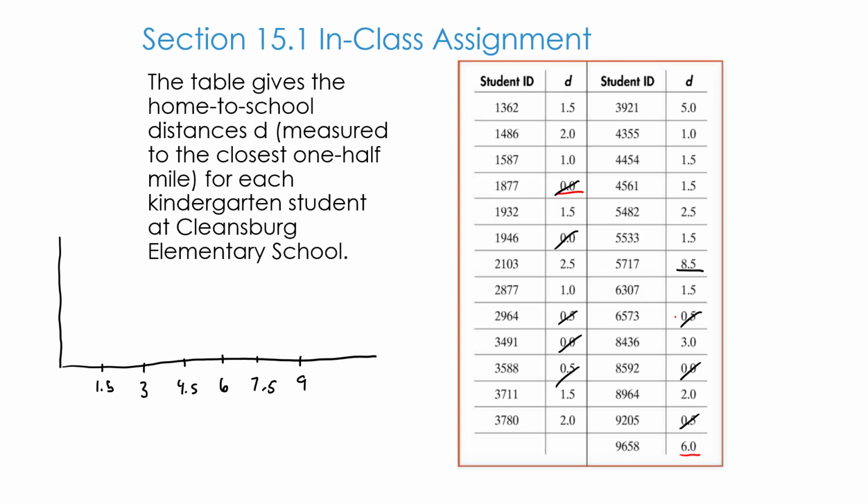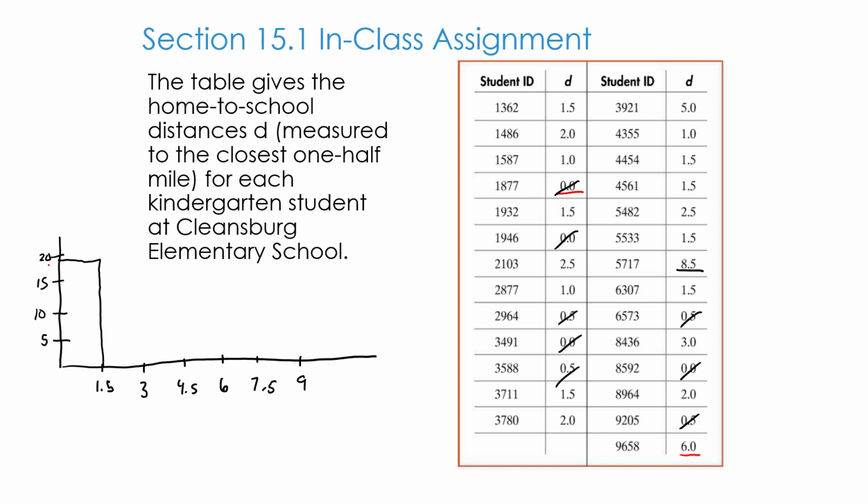Since we have 18, I'm going to go up by 5s. 5, 10, 15, and then 20. And so from 0 to 1.5, we have 18. You can just count all those, right?